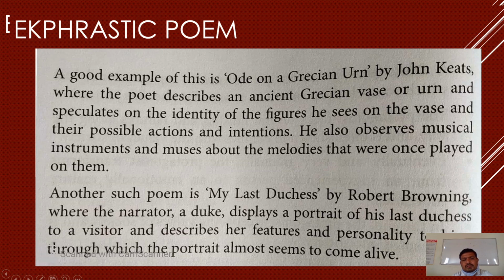Another such poem is My Last Duchess. My Last Duchess is a statue. This poem is written by Robert Browning, a well-known Victorian poet. And in this poem, we see that the guest came there, and this is the Duke, who is the husband of that dead duchess.